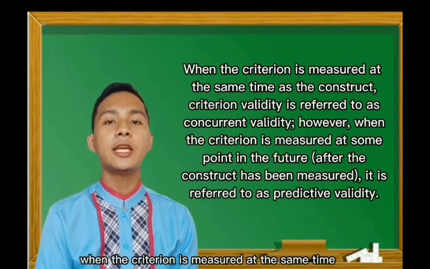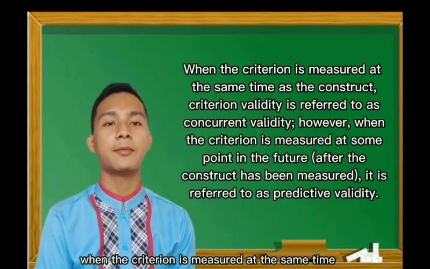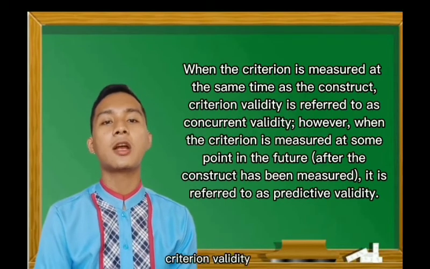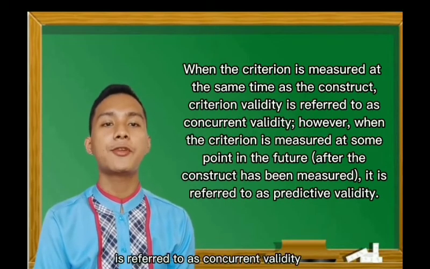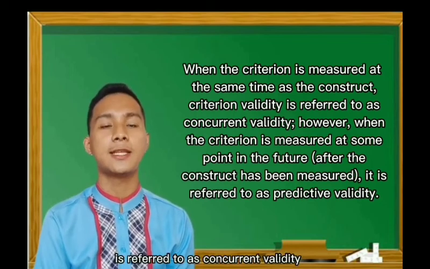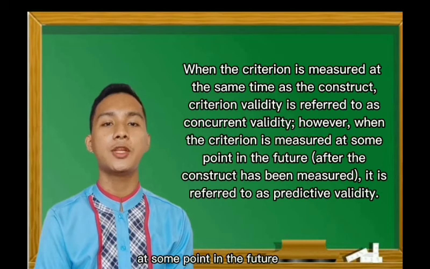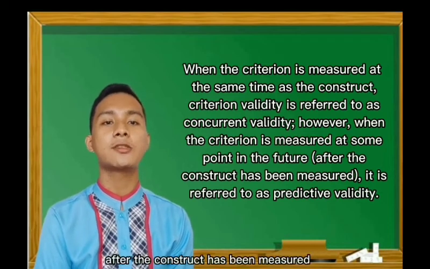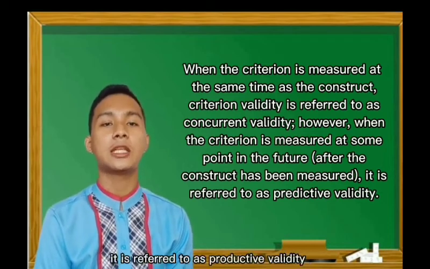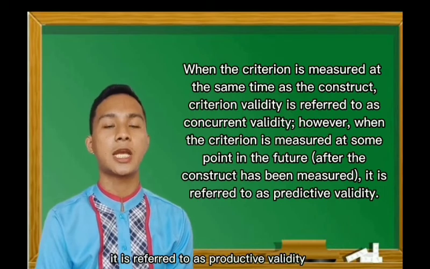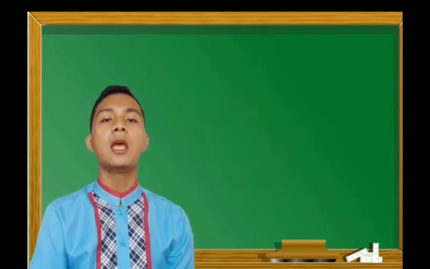When the criterion is measured at the same time as the construct, criterion validity is referred to as concurrent validity. However, when the criterion is measured at some point in the future after the construct has been measured, it is referred to as predictive validity.